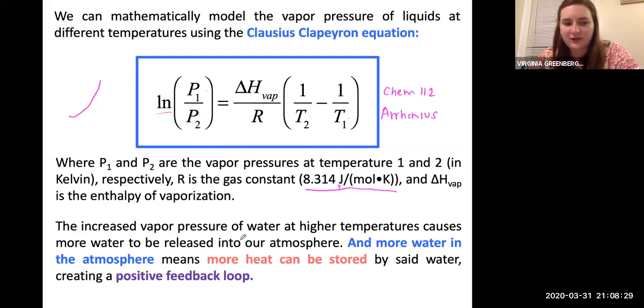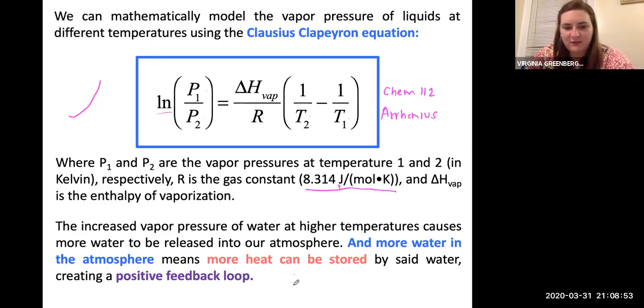Okay. So if we think specifically about water in this equation, we know that more water will be in the atmosphere as more heat is added into the atmosphere. But then we also know that water is a greenhouse gas.